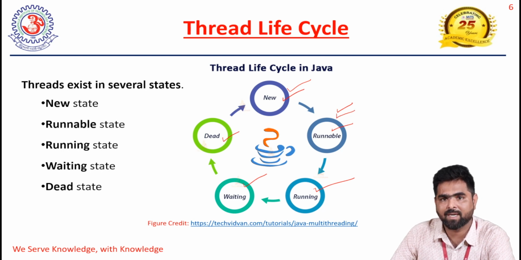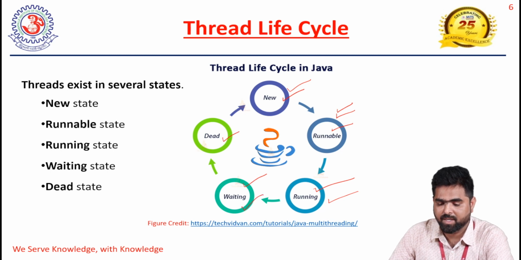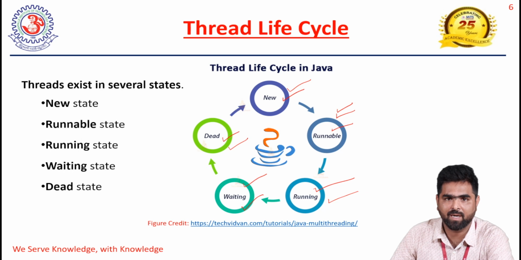When the thread is ready with the resources allocated for it, it will be in the running state. If the thread is waiting for any other resources, it will move to the waiting state. If the thread completes its job, it will move to the dead state. So these are the states in the thread life cycle.